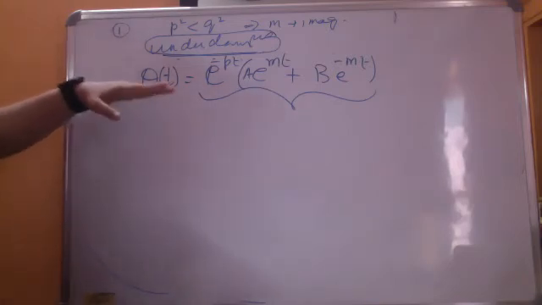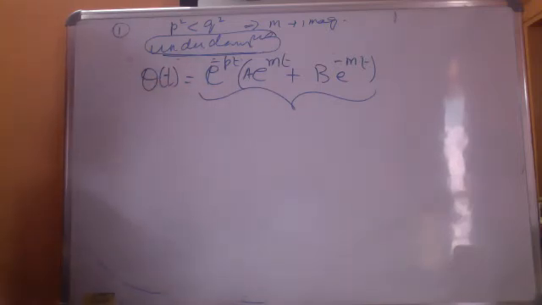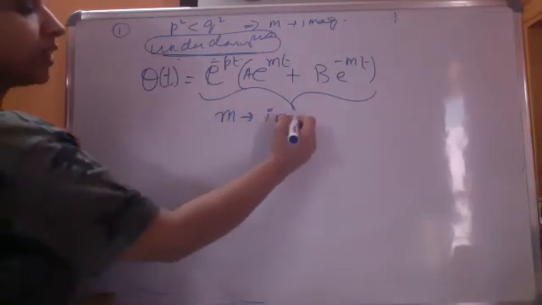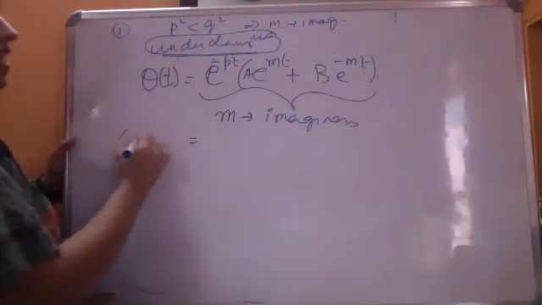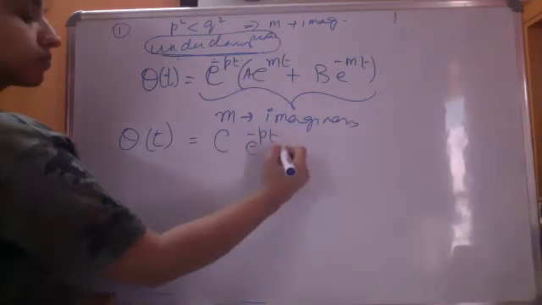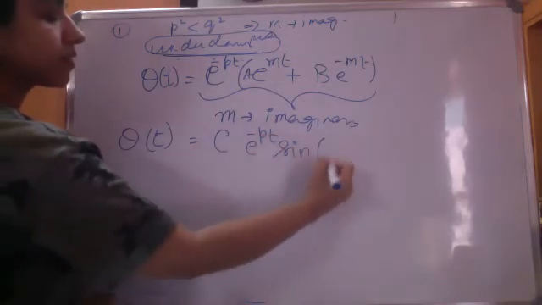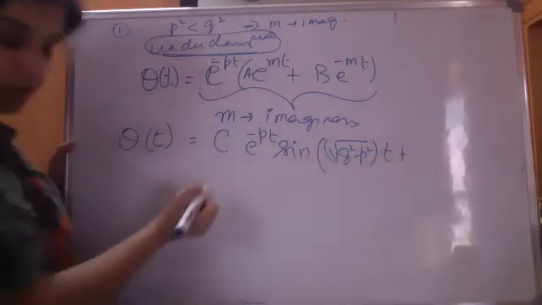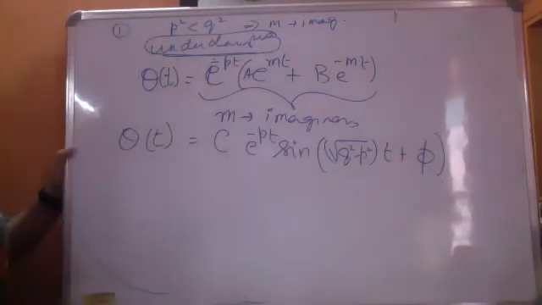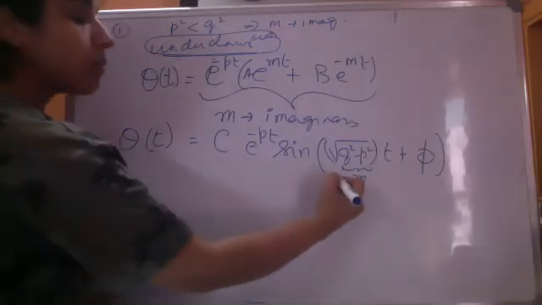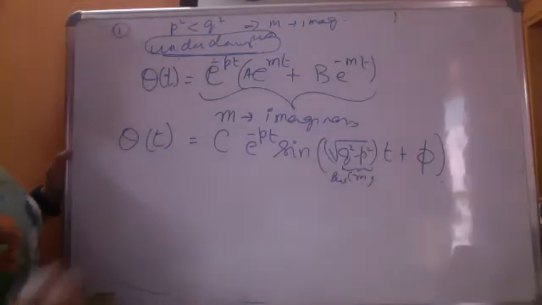Now when I go to underdamped condition and I look at the solution for underdamped condition carefully, the condition for underdamped was that you get M to be imaginary, and you can always write your theta t to be something of the kind, let's say, this is your real part of M. So you will have a solution like this.